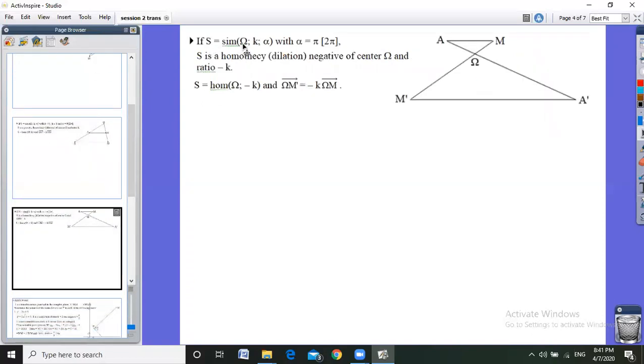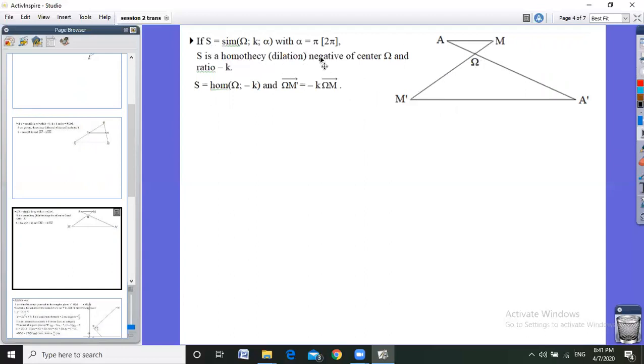If S is a similitude omega K alpha with alpha equals pi, in this case the angle of omega M, omega M prime equals pi, that is the vectors omega M and omega M prime are of opposite senses.